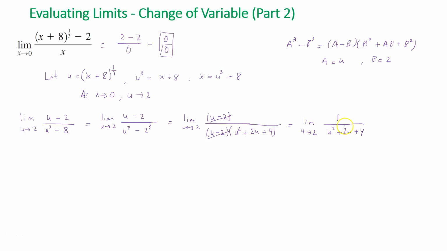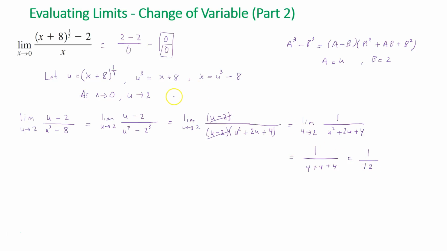And now all I have to do is substitute the value of 2 in, and that's going to give me 1 over, so 2 to the power of 2 is 4, plus 2 times 2 is 4, plus 4, so 4 plus 4 plus 4, that's going to be 1 over 12.